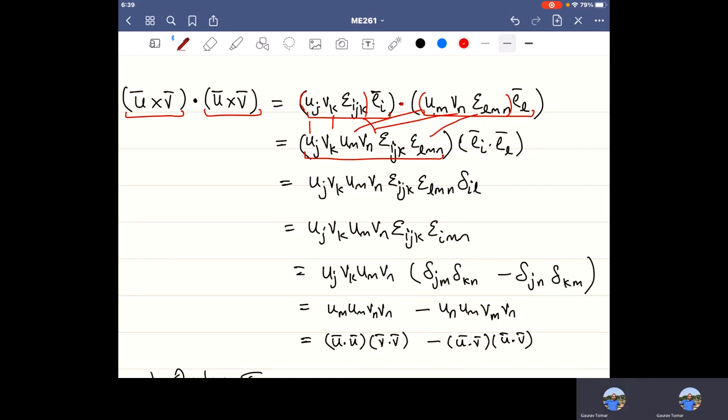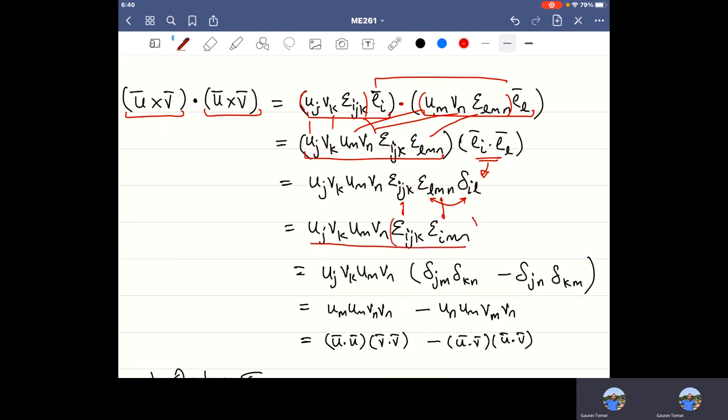And what you're left with is the dot product between ei and el, which becomes delta il, which will transfer the index. Now wherever you see I, you can replace it with L. Essentially we just write L as I. We get epsilon ijk, epsilon imn, and this is the quantity.